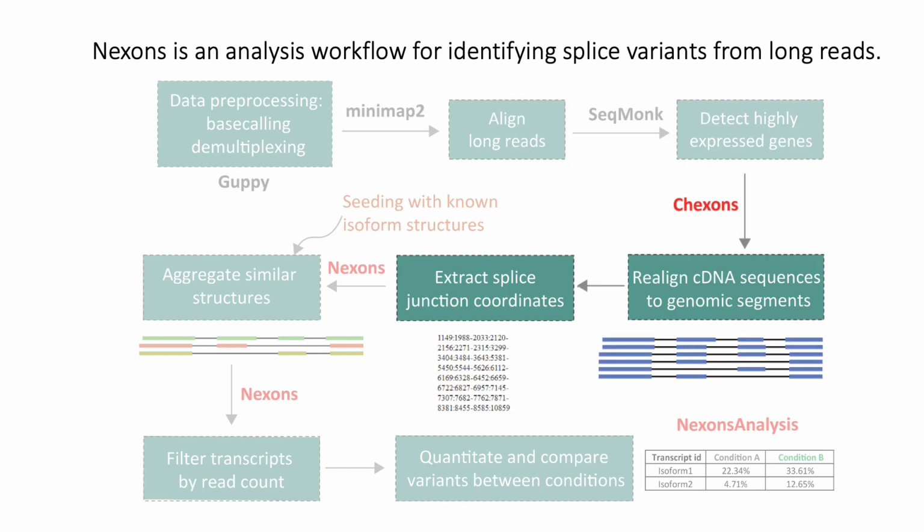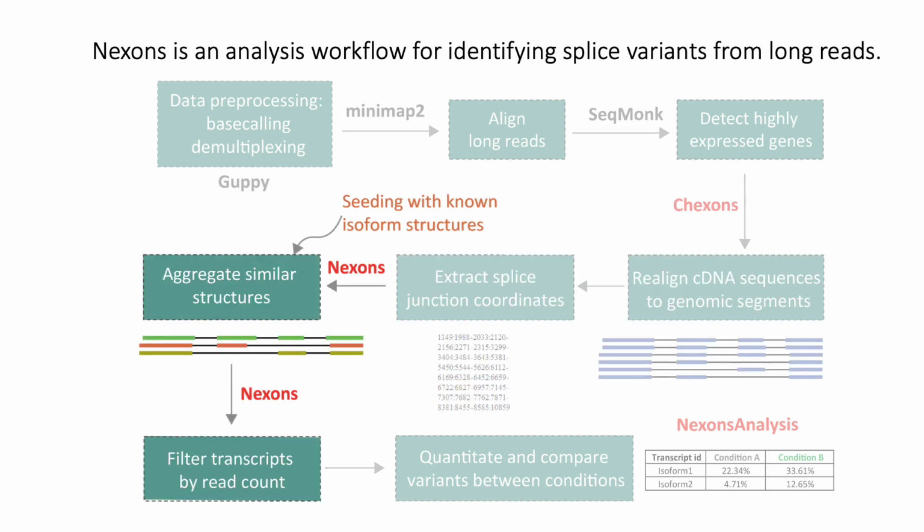Using an in-house developed tool, Exons, we define genomic regions of each gene and start realigning the cDNA sequences to genomic segments. So we can extract splice junction coordinates, which will be further used for defining the isoform structures. Using our Nexons tool, we aggregate similar structures after feeding them with known isoform structures.